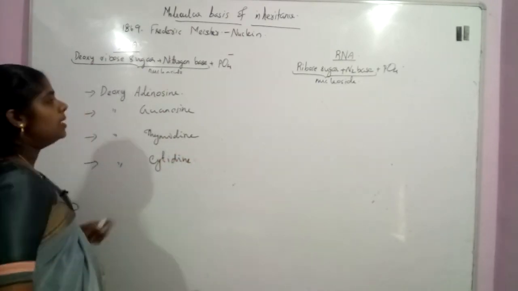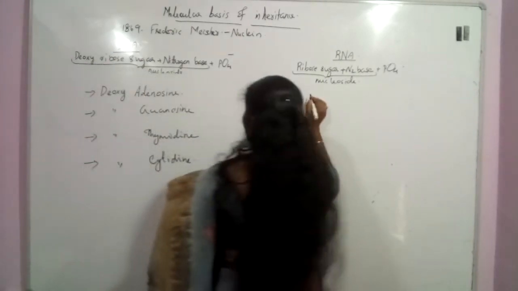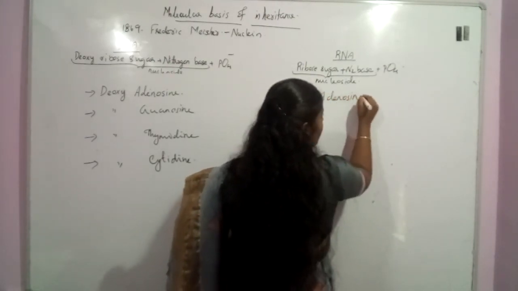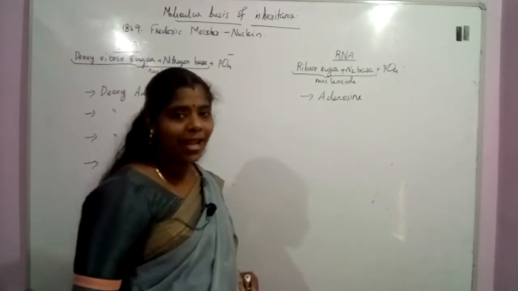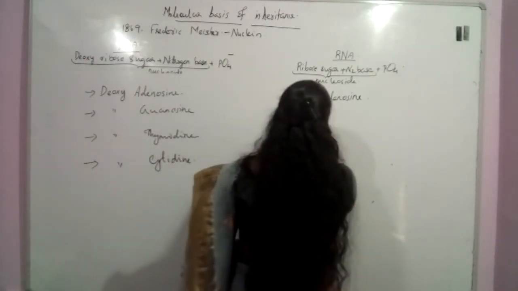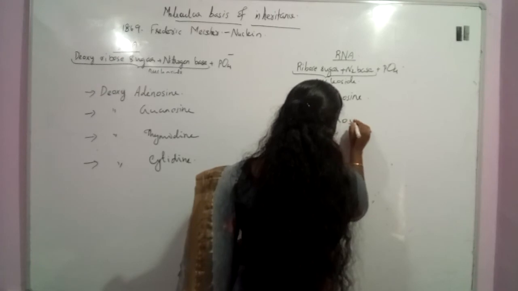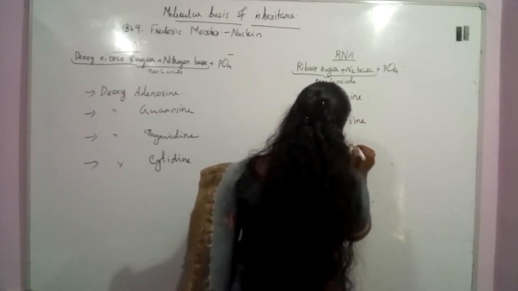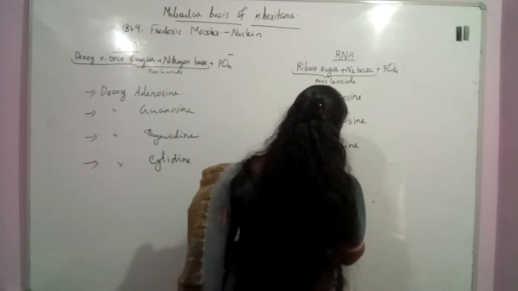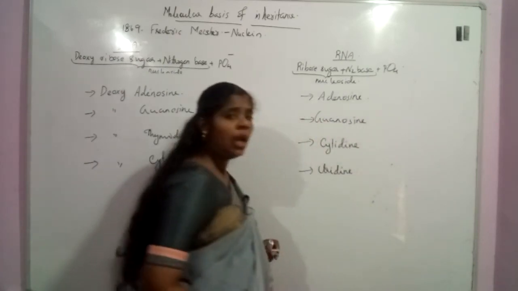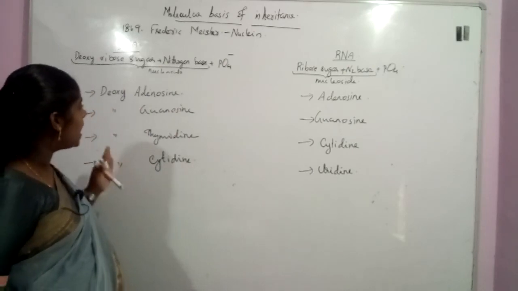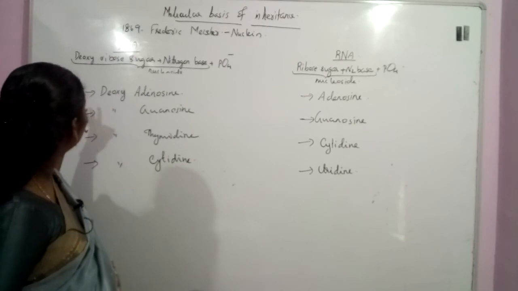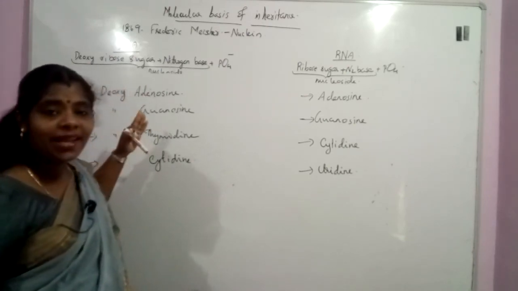Okay, so here in this case we can see adenosine. We don't say deoxy, because what is inside it is ribose sugar, right? Adenosine, guanosine, cytidine and uridine. Okay, these are the 4 different types of nucleoside present in DNA and RNA.